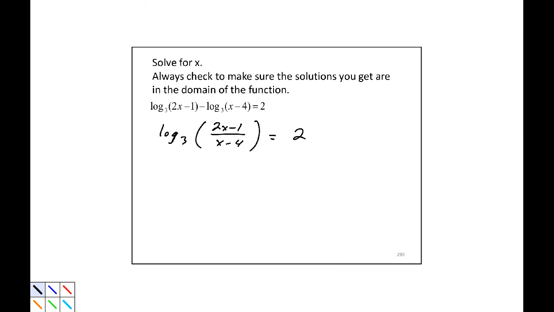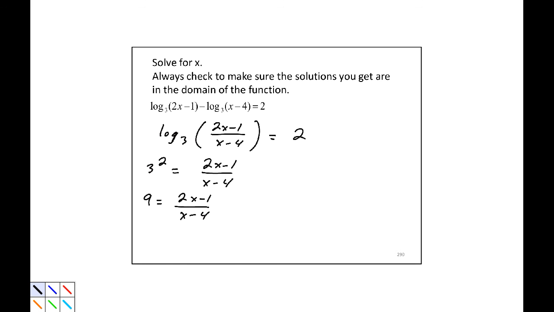Now I'm going to write this in exponential form as 3 to the second power equals 2x minus 1 with a denominator of x minus 4. Now rewriting that as 9 equals the numerator 2x minus 1, denominator x minus 4. We can treat this like a rational equation.